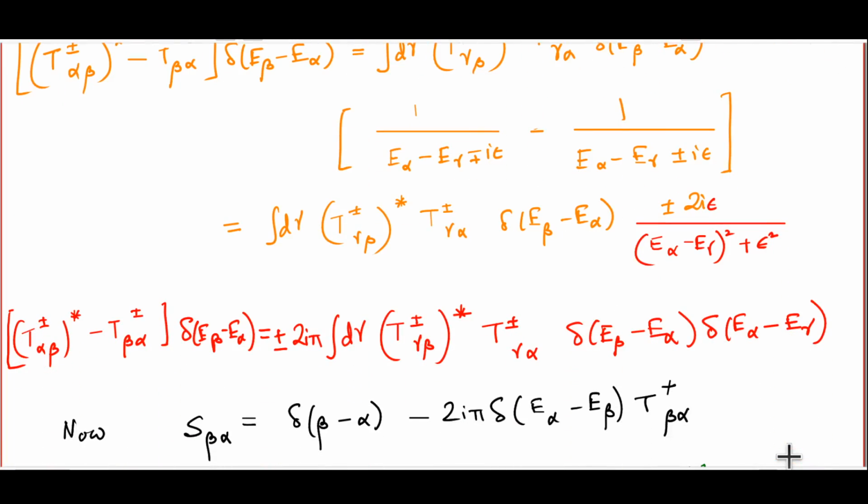So this is the expression that we end up with. T plus minus alpha beta conjugate minus T plus minus beta alpha multiplied by delta E beta minus E alpha is this integral on the right hand side with two delta functions, delta E beta minus E alpha, which was already there, times delta E alpha minus E gamma.